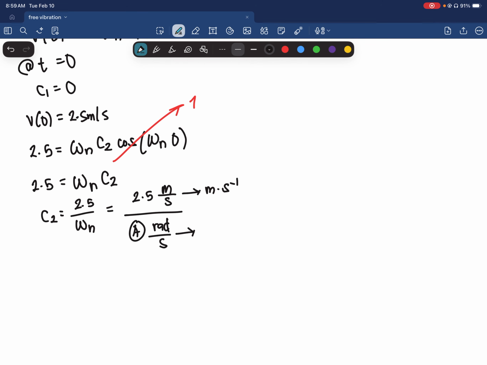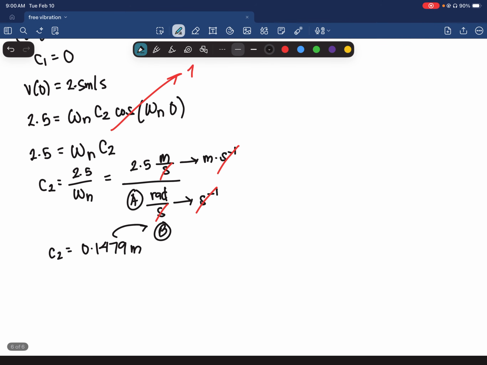So, second raised to negative 1. This is just second raised to negative 1. Then cancel that out. Literal sa atin ay meter. Right? So, C2 is equal to 0.1479 meter. Store natin siya kay B. Again, ang i-store natin ay yung whole value niya.